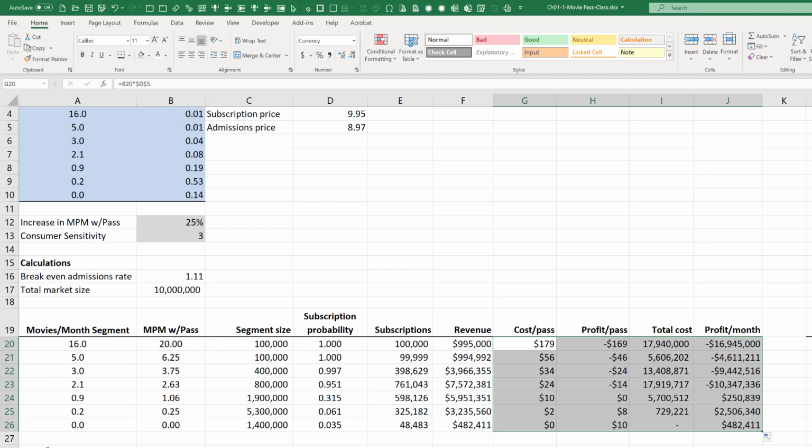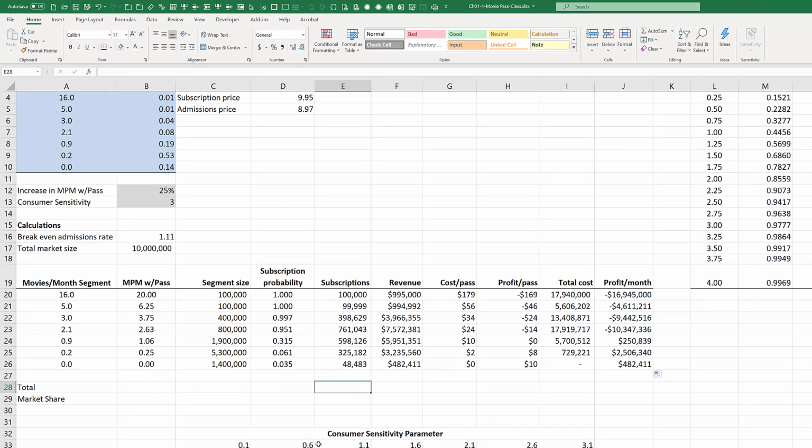Okay, so now we have the total subscriptions. Okay. And the market share is then total subscriptions divided by the total market of 10 million. So that would be, let's make that into a percentage.